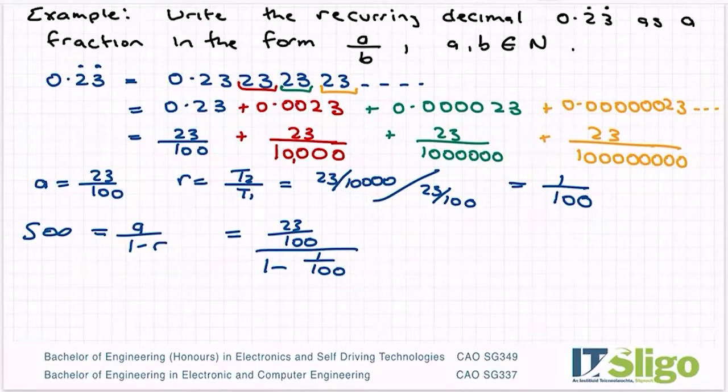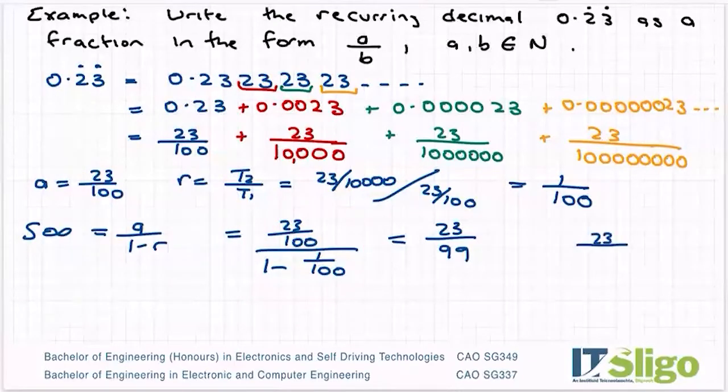And your answer is, I got it right this time, 23 over 99. Because you have multiple lines, it depends on how your calculator reads it. You just have to be careful when you're putting a fraction like that into the calculator that your calculator is definitely reading it as 1 over 100.